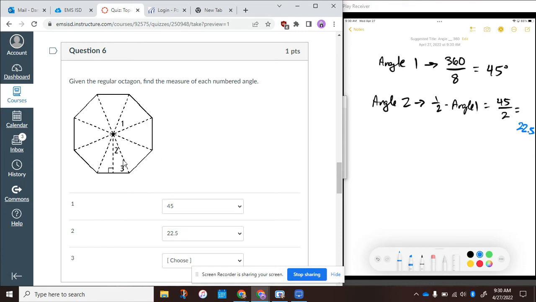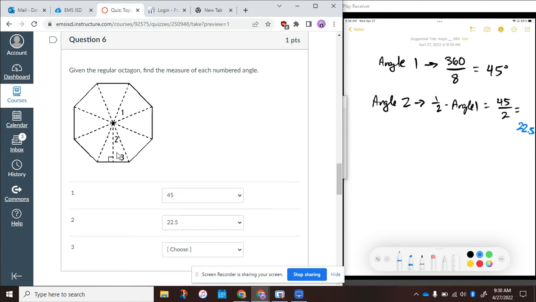Finally, we're talking about angle number three, right down here, our last one to look at. What I'm going to do is recreate the triangle that I'm outlining right here with the mouse. We've got angle number two up here, angle number three down here, and our last angle is the one in the bottom left.